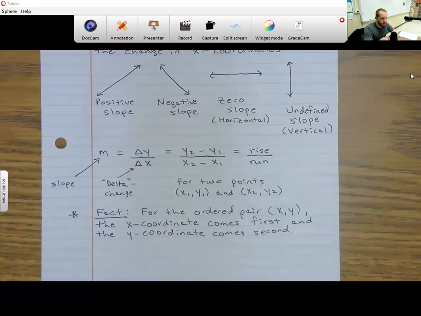If I give you 2 points like that, you can put them in the formula and figure out what the slope is. Okay? I'll leave that up there for a few minutes so you can get it.